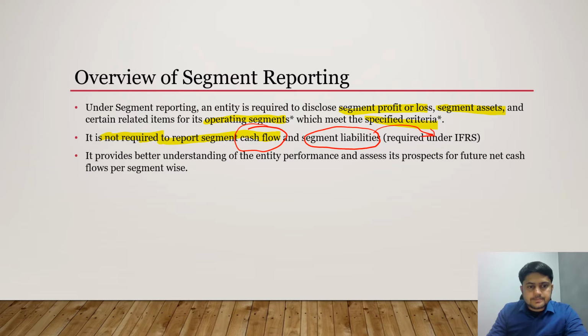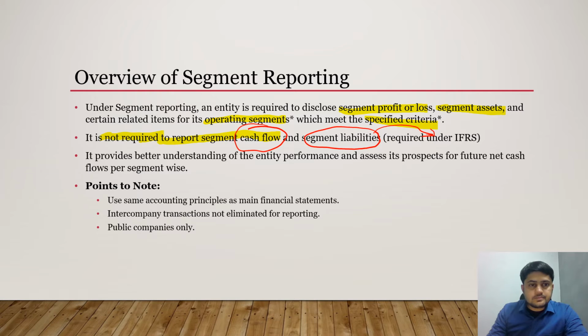Then it provides a better understanding of an entity's performance and helps assess its prospects for future net cash flows. Segment reporting helps the company assess which segment is performing better and which is not performing well, and the company may make future decisions related to those segments.